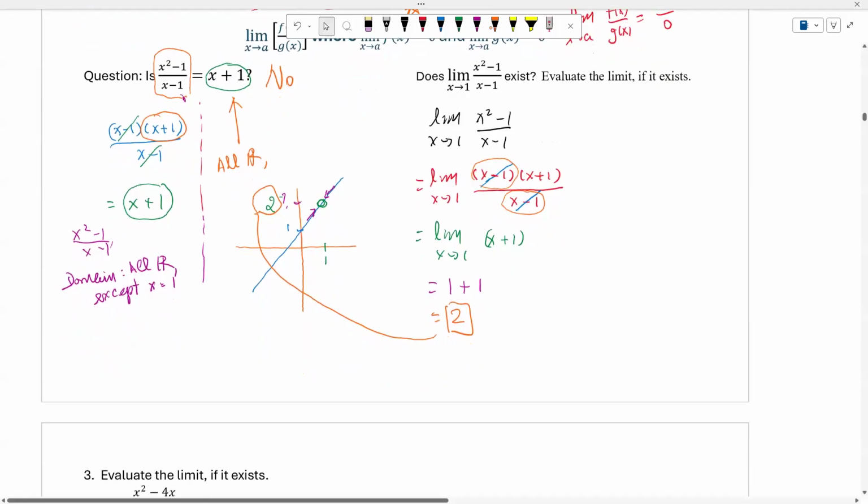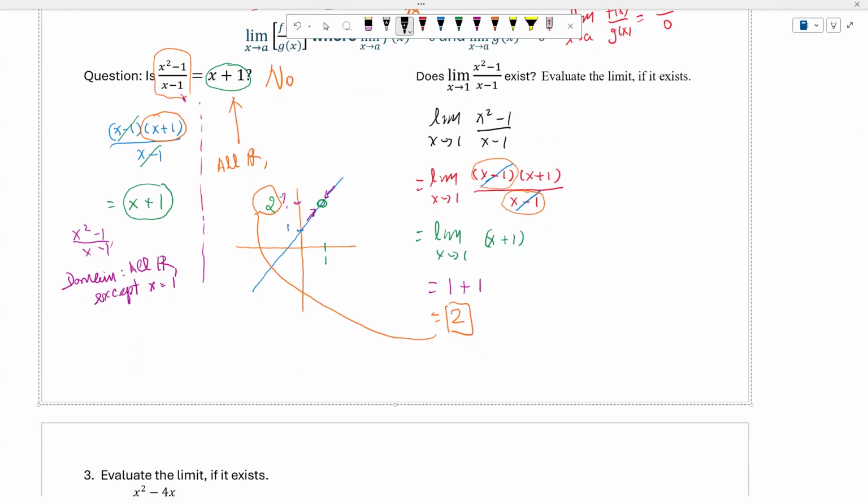When we try to find a factor, the problem gives us hints. If x approaches 1 and makes both the numerator and denominator equal to 0, that means in this case x minus 1 must be one of the factors.